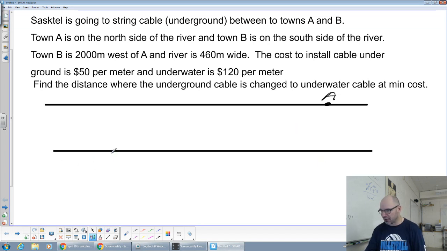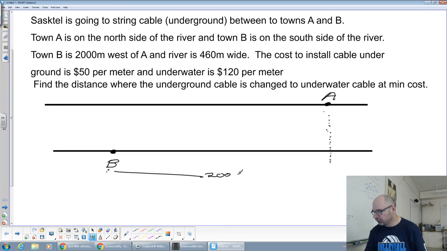So town B is down here. And if we look at this, is this being perpendicular here? And this is town B here. This is 2,000 meters. And it asks the cost.